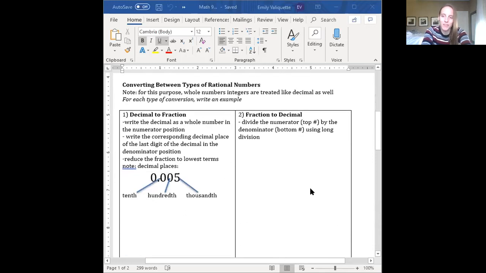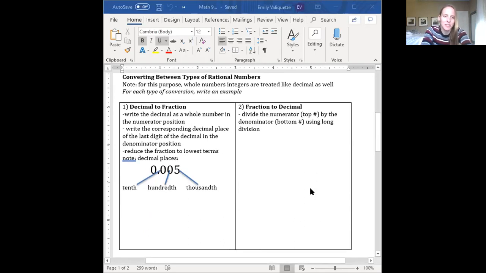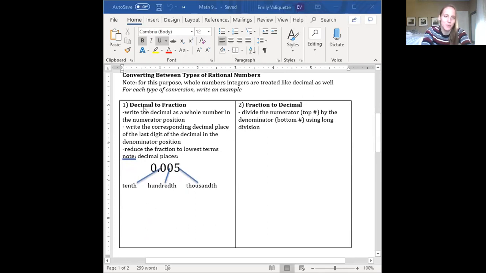So what we're going to be mostly focusing on for this lesson is how to convert between different types of rational numbers. So we'll start by converting between decimals and fractions. So if we're starting off with a decimal and we want to turn it into a fraction, the first thing that you want to know is some of these terminologies here.